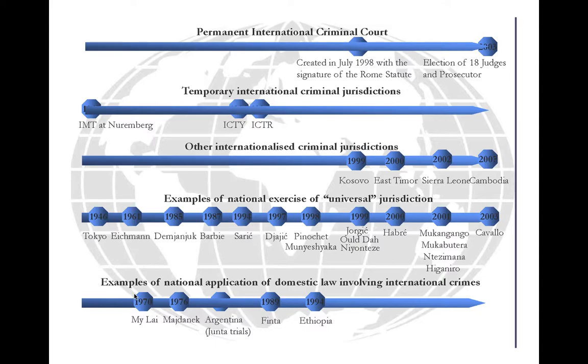Sometimes these are referred to as hybrid courts, and then there have been efforts in individual countries which have been called examples of national exercise of universal jurisdiction. I'll elaborate in a minute on what universal jurisdiction is.